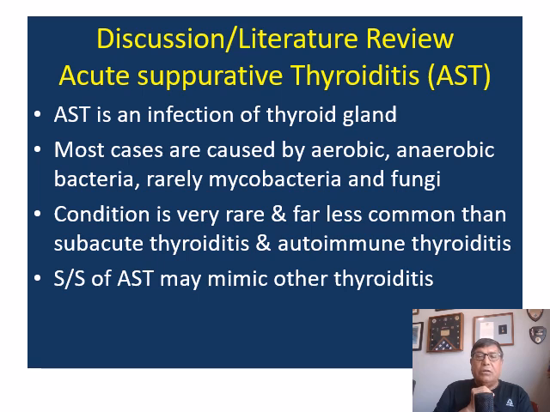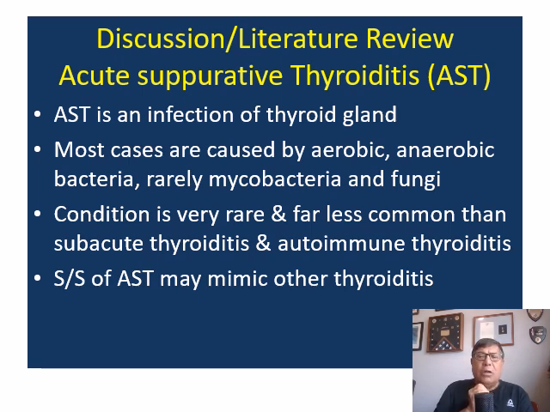Now I want to discuss a little bit about the literature review and acute suppurative thyroiditis per se. This is infection of the thyroid gland, and this is extremely rare, about 0.1 to 0.7%, and most of the infections occur before the age of 40.